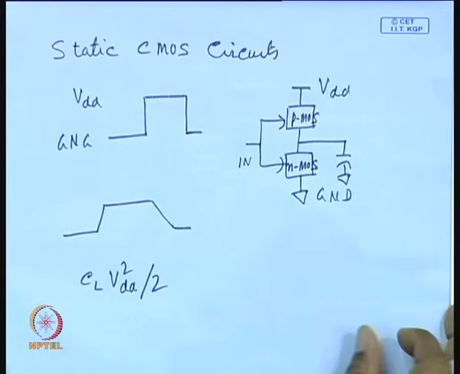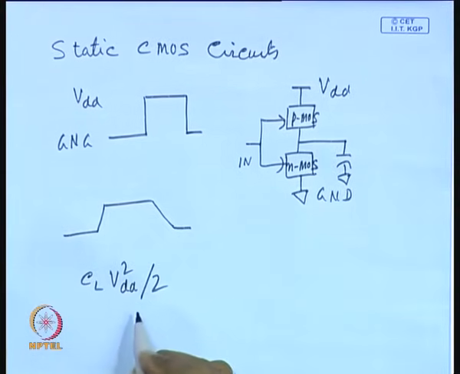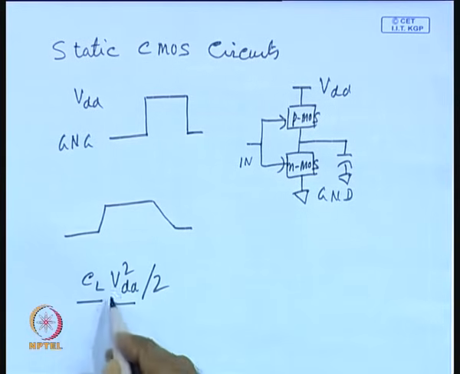That is the reason why in conventional circuits, to reduce power dissipation, we tried to reduce the supply voltage, known as supply voltage scaling, or we tried to reduce the capacitance. As long as CL is fixed and VDD is fixed, this is the lower limit of energy loss per switching.